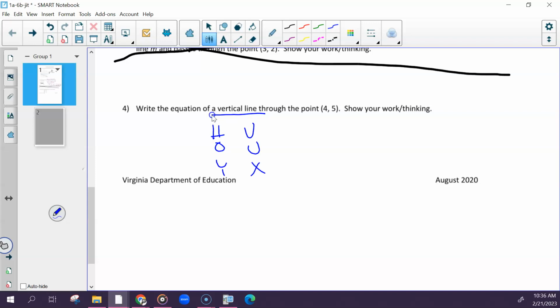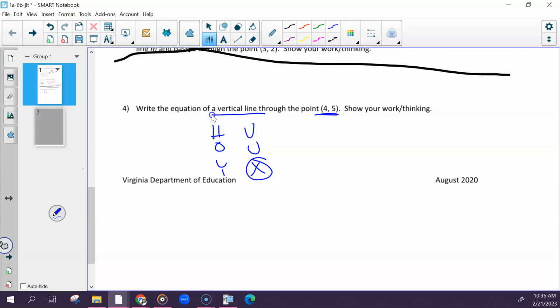Vertical line, x. Horizontal line, y. Then it says it goes through this point. So if it's a vertical line, is that x or is that y? x, this is vertical line, x equals. Then you need to find which of these will be your x value in your ordered pair.